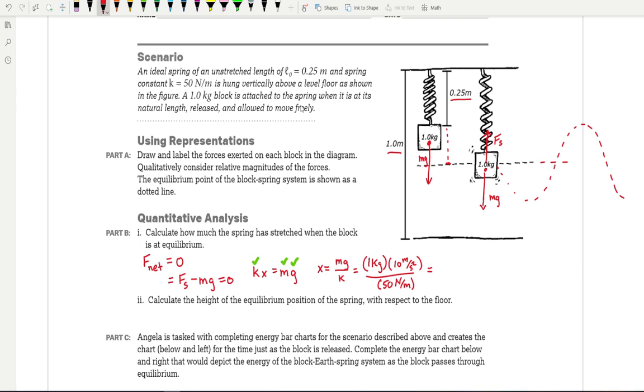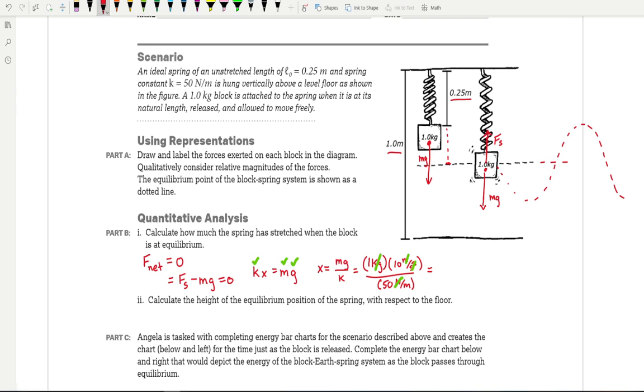Let's also make sure that we look at the units. A kilogram meter per second squared is a newton. So we're going to get some cancellation here. The kilogram meters per second squared and the newtons are going to cancel. That leaves you with meters in the denominator, which means you can flip it back up to the top. So your answer is going to be in meters.